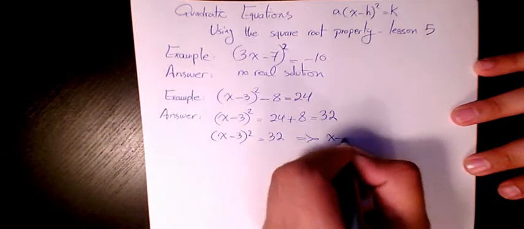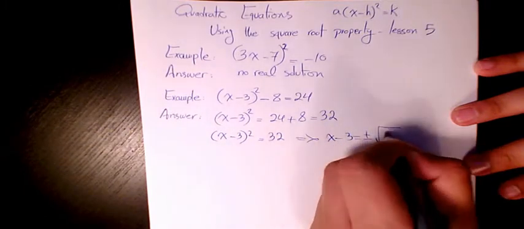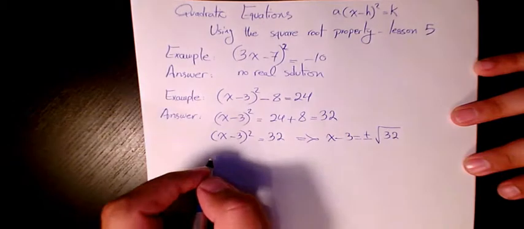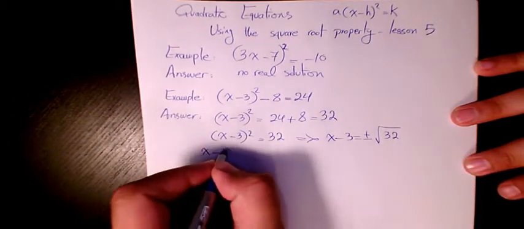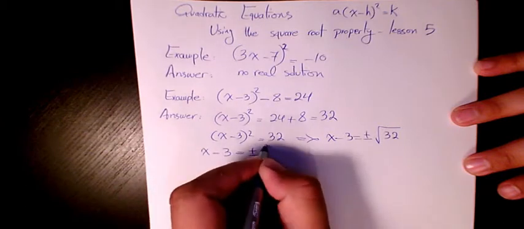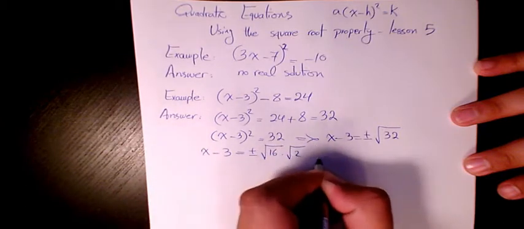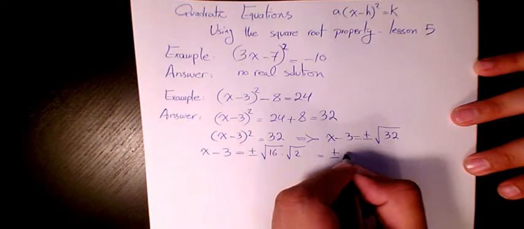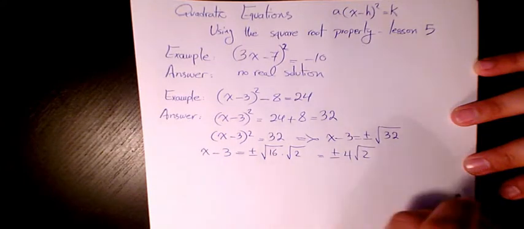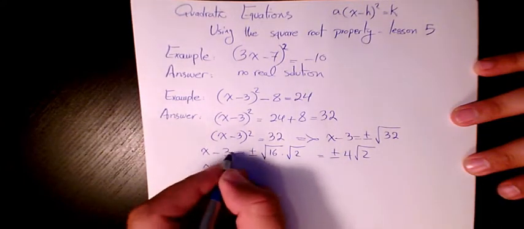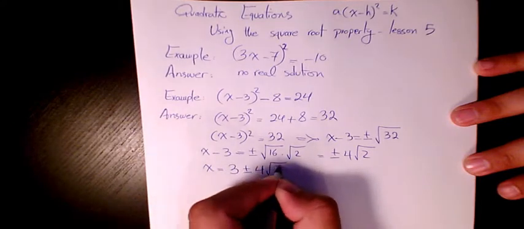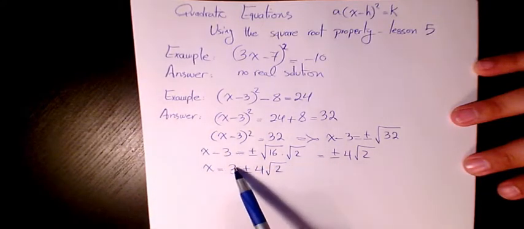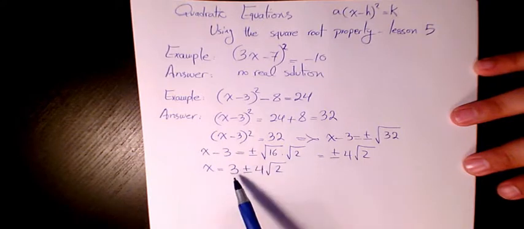Then x minus 3 will be plus minus root 32, and 32 is 16 times 2. 16 is a perfect square, so it's going to be plus minus 4 root 2. So x will be, add 3 there, 3 plus minus 4 root 2. So one of the possible answers is 3 plus 4 root 2, the other one is 3 minus 4 root 2.